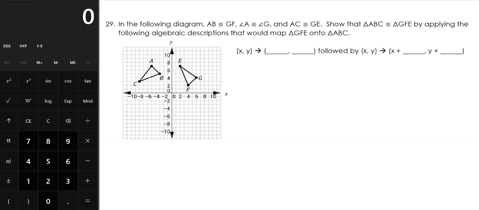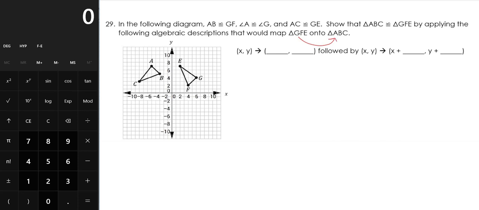Number 29. In the following diagram, AB is congruent to GF, angle A is congruent to angle G, and AC is congruent to GE. We're going to show that the two triangles are congruent by applying the following algebraic descriptions that would map triangle GFE onto triangle ABC.